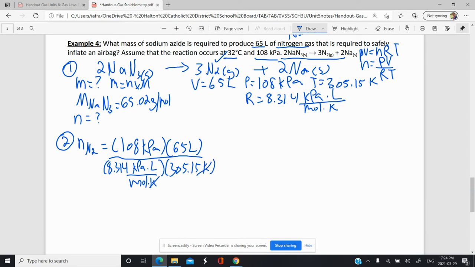We can cross Kelvins out, we can cross liters out, we can cross kPa out, and we're left with moles at the end. So let's go ahead and do that. We have 108 times 65 divided by 8.314 divided by 305.15. And so we get approximately 2.76702944 moles of N2.